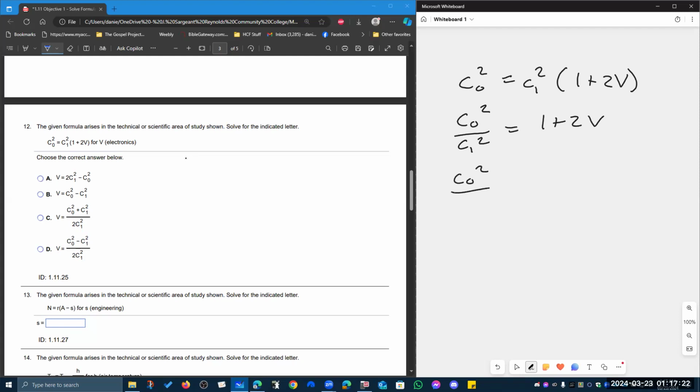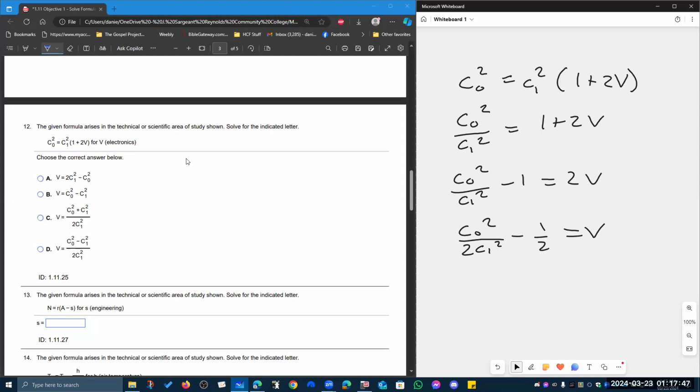C naught squared divided by C1 squared minus 1 is equal to 2V. And C naught squared over 2C1 squared minus 1/2 is equal to V. I just divided everything by 2 or multiplied everything by 1/2.